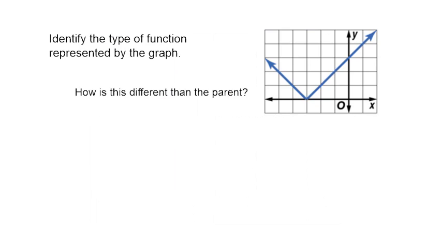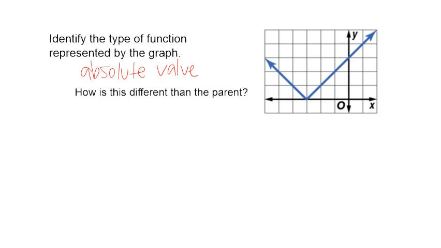So what we're going to do is identify the type of function represented by the graph, and then also describe how this is different from the parent. So for this one, you can see that this is a V shape. So if you remember, this would be the absolute value graph. Okay, so my equation is going to be an absolute value.